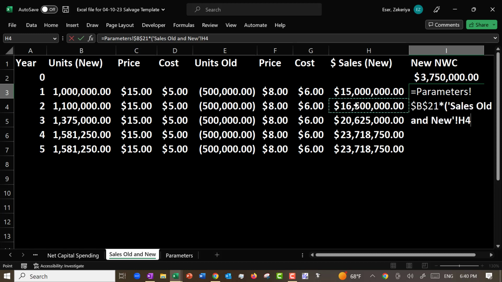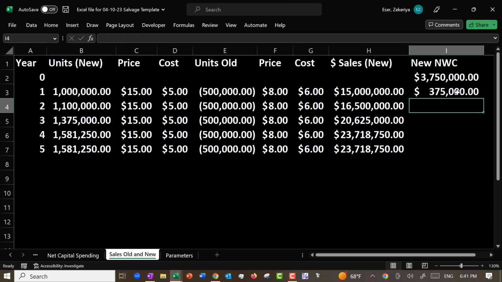So on year one, by the end of year one, I have to increase net working capital by another 375.